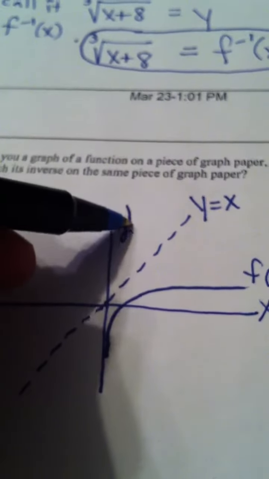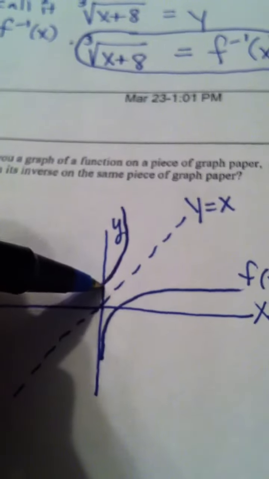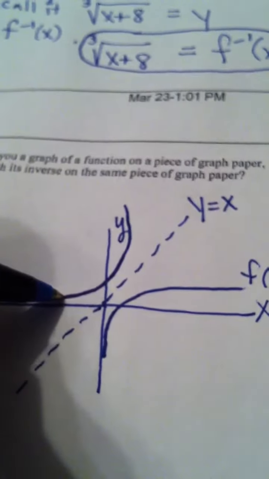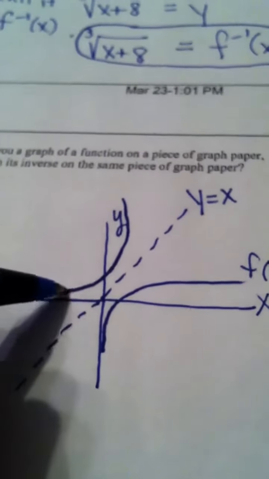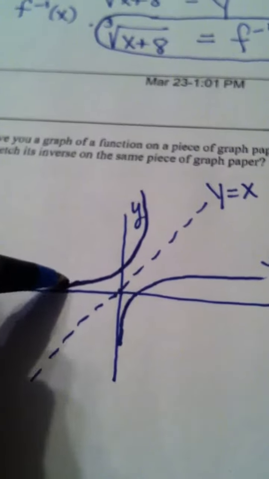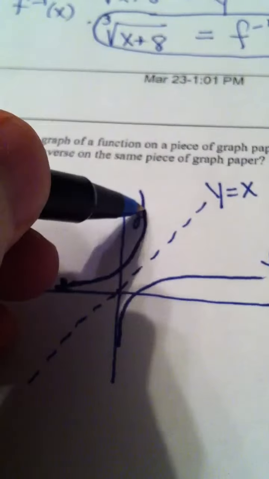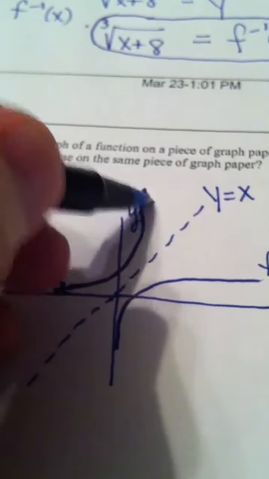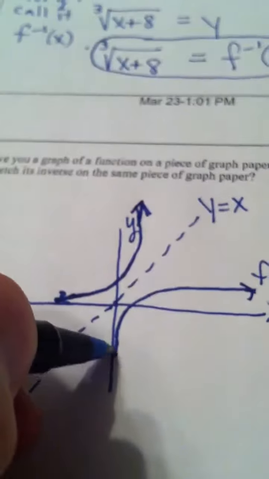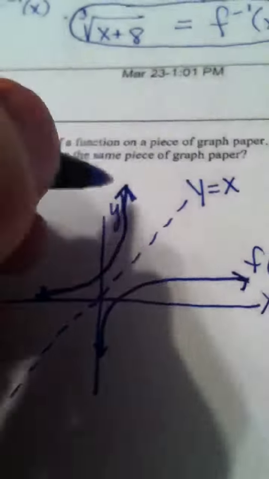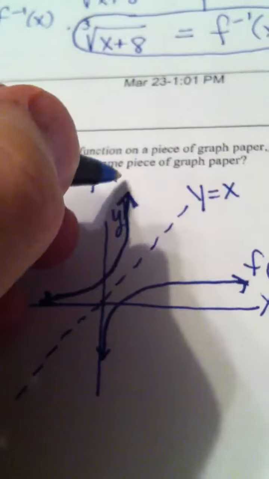So I would draw a picture that looked something like this, roughly. I would draw a picture that looked something like that, and that would represent my inverse function.